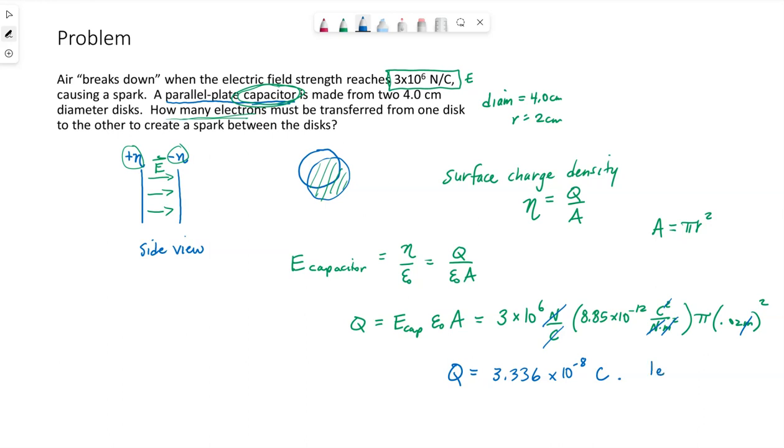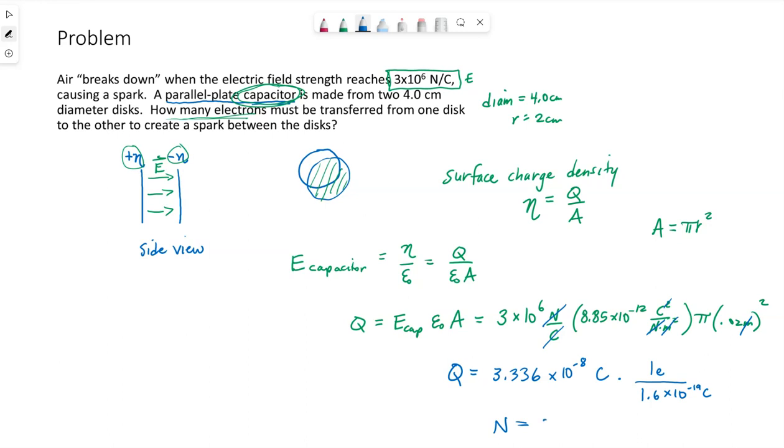We know 1 electron is 1.6 times 10 to the negative 19 coulombs. That's our fundamental unit of charge. So our number of electrons, we just need to take this number of coulombs we've solved for and divide by the fundamental unit of charge.